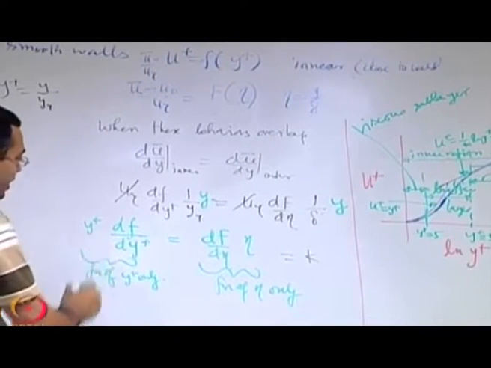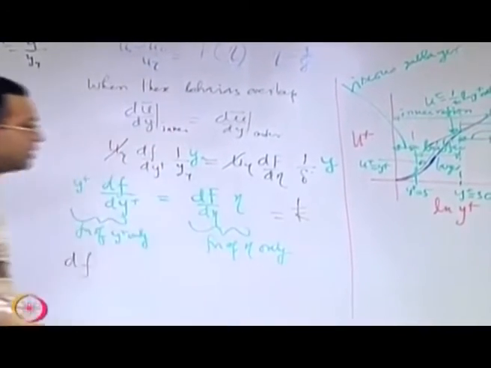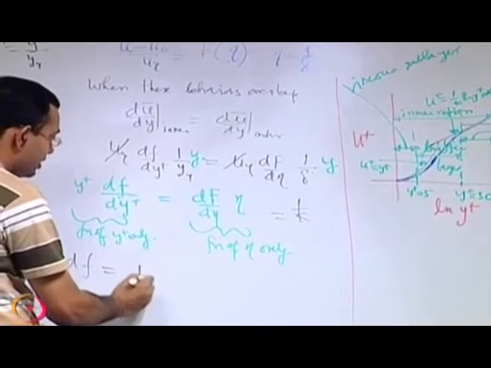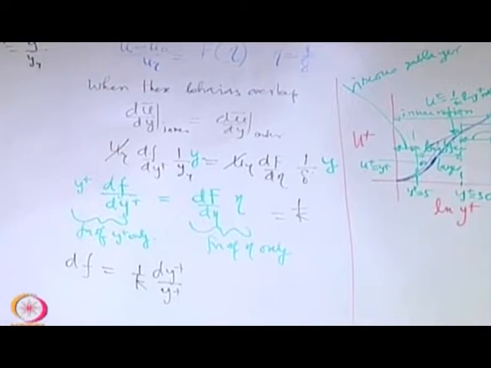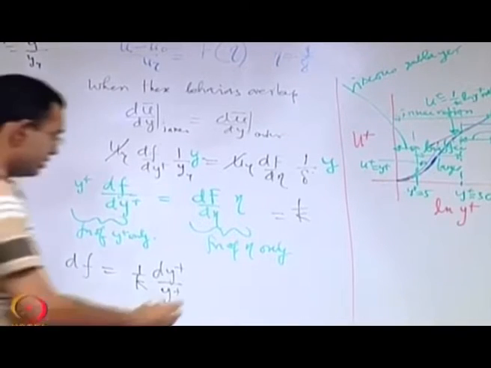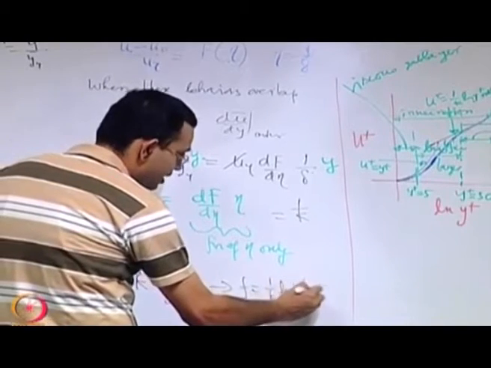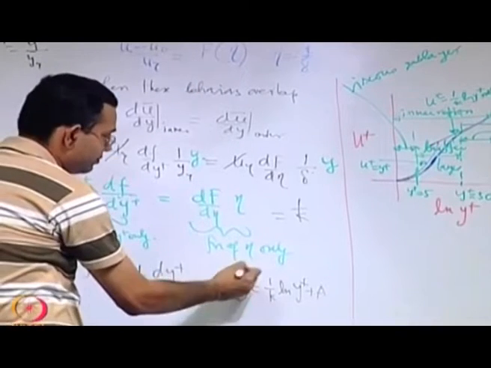So what you can write here, therefore, is df dy plus into y plus equal to 1 by k, to have the analogy with the previous form that we got. You see, remarkably the form is the same, and if you integrate it you will get f is equal to 1 by k ln y plus a, where f is like u plus.